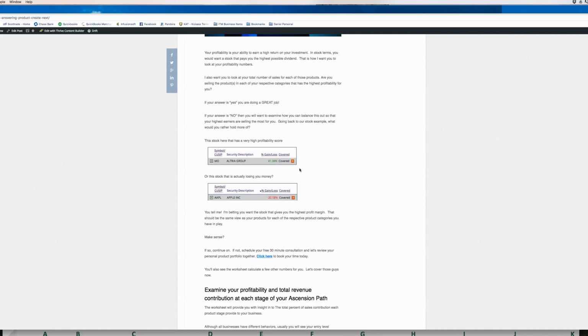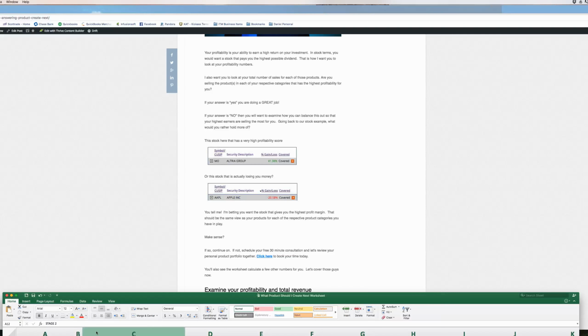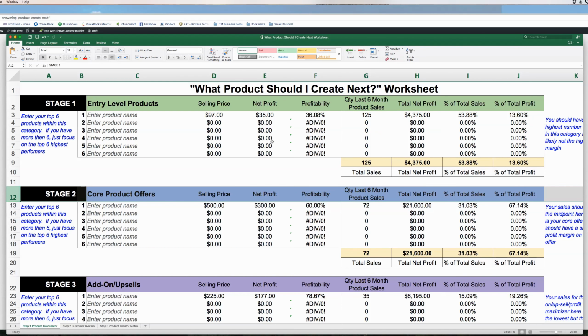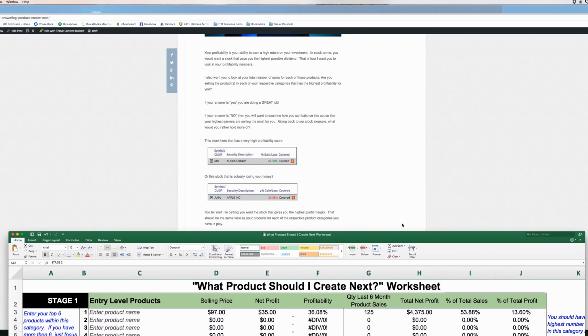So I want you to kind of use that example as put on your stock trading hat and start to look at this spreadsheet as exactly that. Because once you start to do so, I think you'll see some holes in there, and you'll start to see some things that you might want to invest more ad spend or time or effort into if they're high profit margins for you and they're producing good returns.